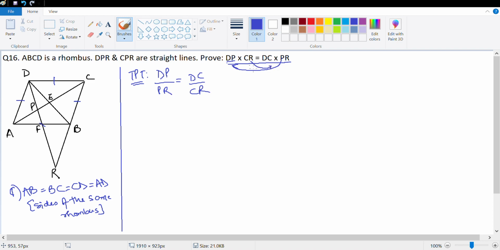So let's see if I can get a triangle which I am trying to prove congruent. I have to prove triangle DPC and PCR similar. So these are two adjacent triangles.